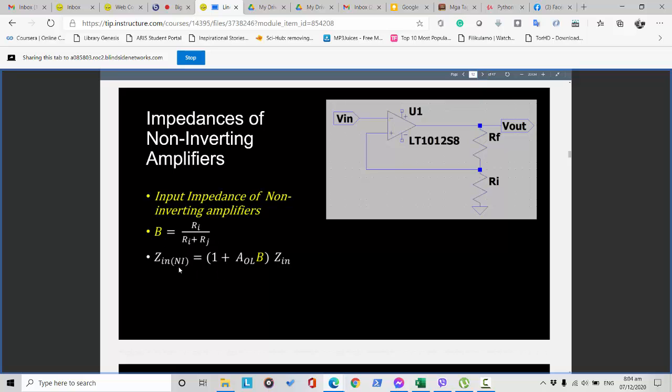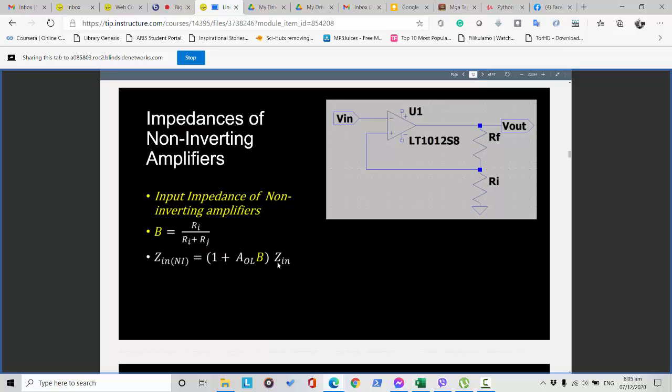And then, similar to the formula that we have for the inverting amplifier, but this time we're going to compute the impedance of this non-inverting amplifier. We can compute it as the impedance equal to 1 plus the open loop gain multiplied by the attenuation, multiplied by the input impedance.